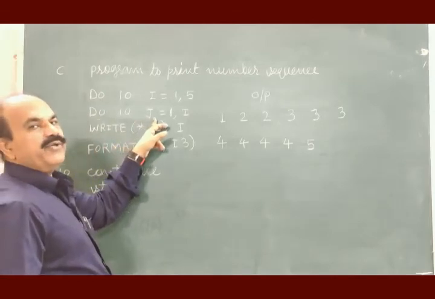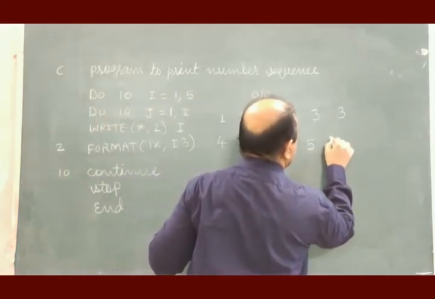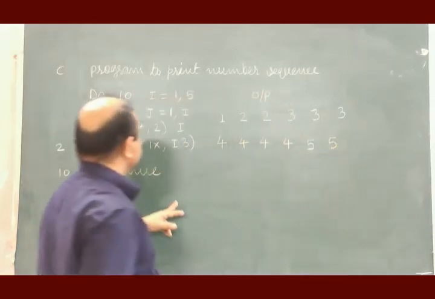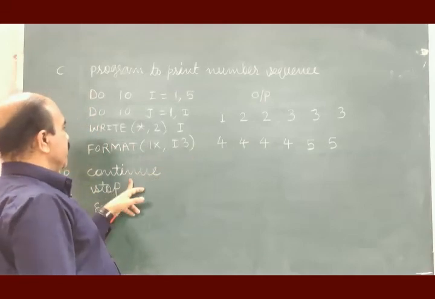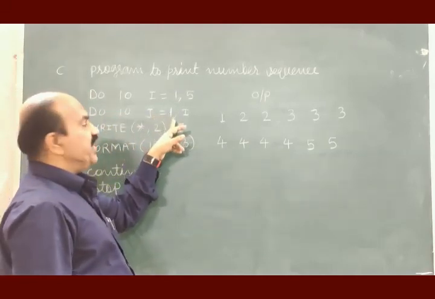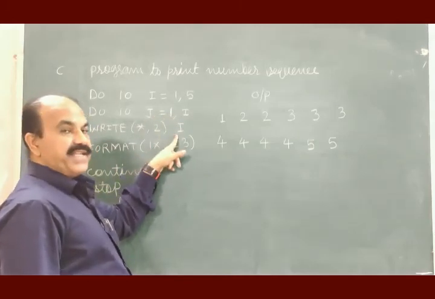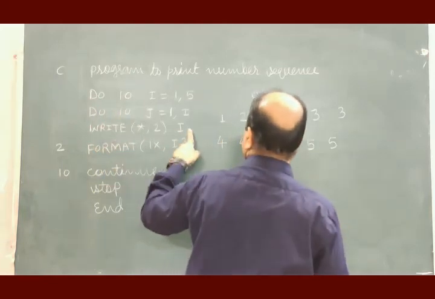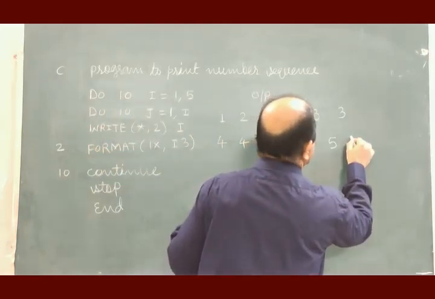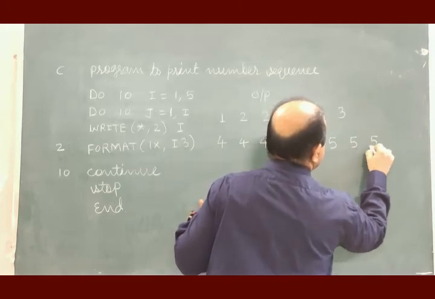J will be incremented to 2. What is I? 5. 5 is further printed with this format. Continue again to the inner loop. J incremented to 3 now, but what is I? I is 5. So this 5 is printed according to this statement. This is repeated.